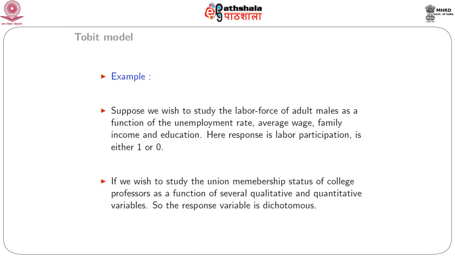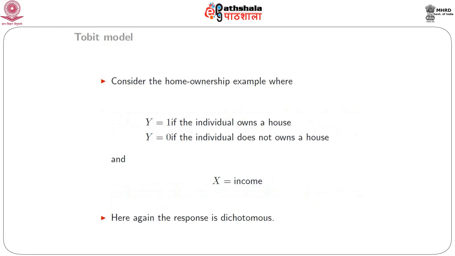So, consider the home ownership example. Look at the following data set, and it gives us y equals 1 if the individual owns a home and 0 otherwise, where y is our response variable and x is the predictor variable, which is income in thousands of dollars.